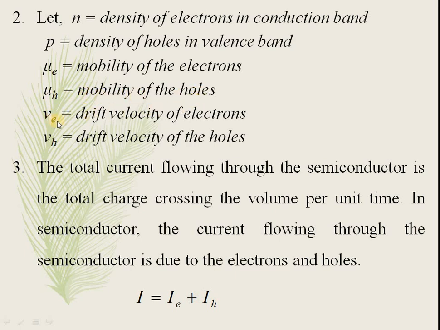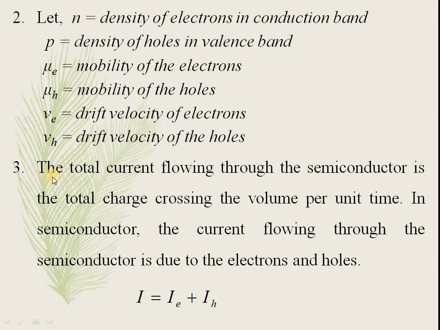Then v_e is the drift velocity of the electron. Drift velocity means the velocity with which electrons are moving towards a particular direction. That velocity is known as the drift velocity of that electron. So we consider v_e as the drift velocity of electrons, and similarly v_h as the drift velocity of the holes.